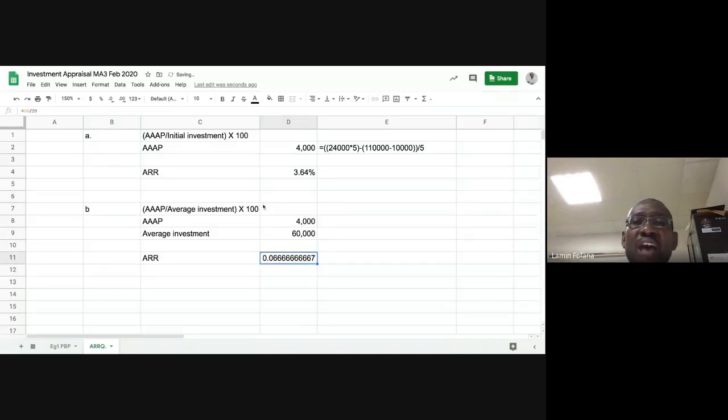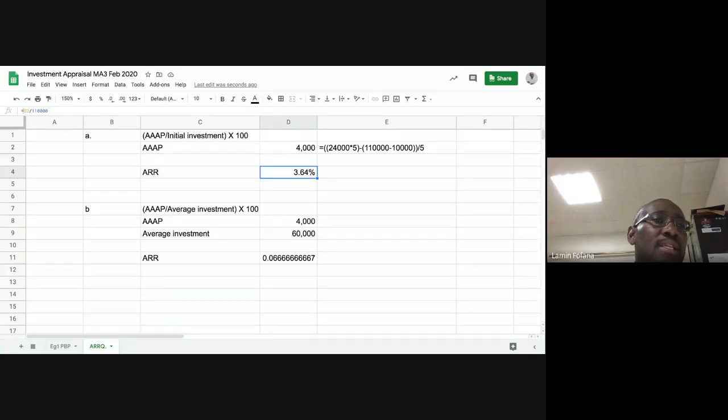If you observe, when we did the first ARR, did you see any multiplier by 100 here? No. If you are using spreadsheet, what you do is, after doing your division, just format the cell to a percentage format, and Excel will straight away do the multiply by 100 without you doing anything.